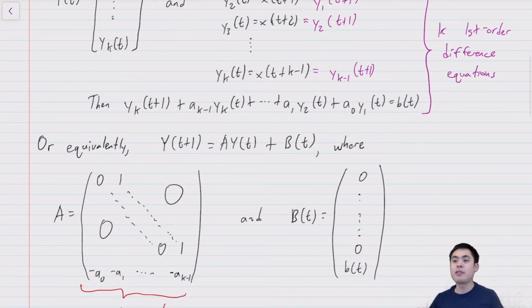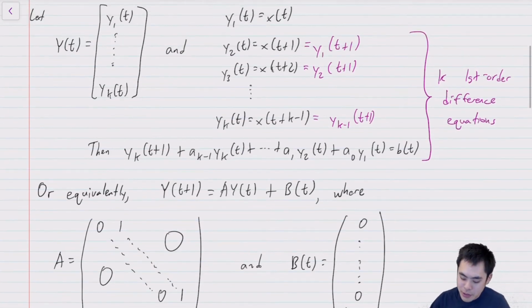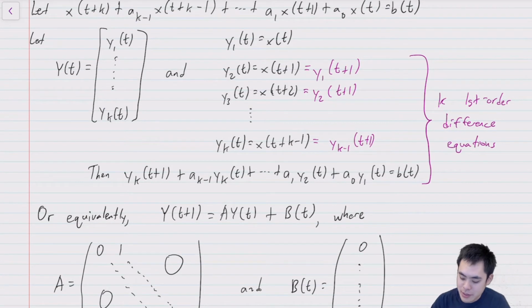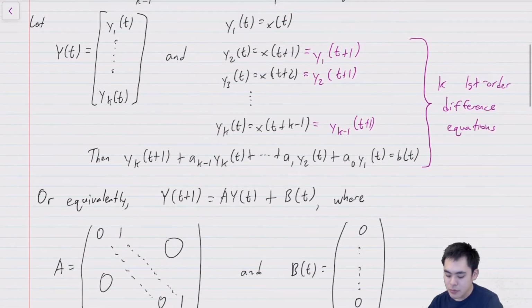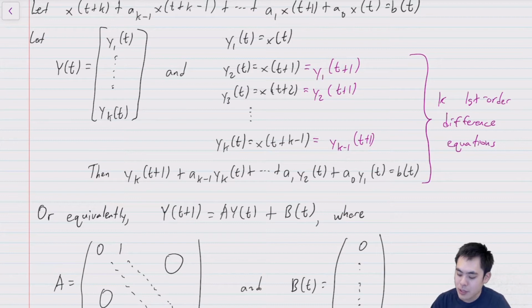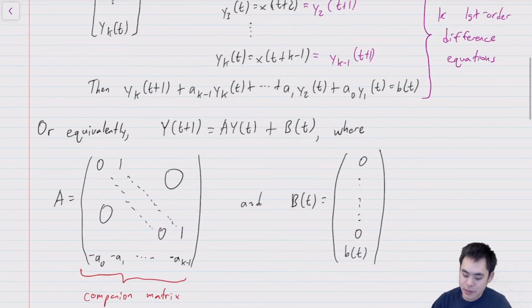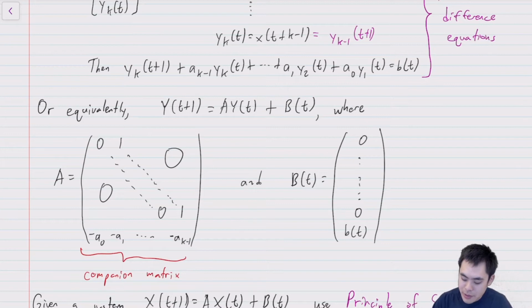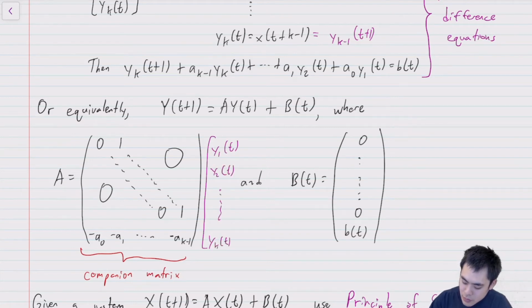And we can rewrite all of that in matrix form. So you notice up here that each of these is basically stating that y1 of t plus 1 is equal to y2 of t. And so that corresponds to, if we multiply this out, let's imagine, let me use purple here, that we had a y1 of t here, y2 of t through yk of t. Well, then when we're multiplying out, we multiply this row into the entire thing.